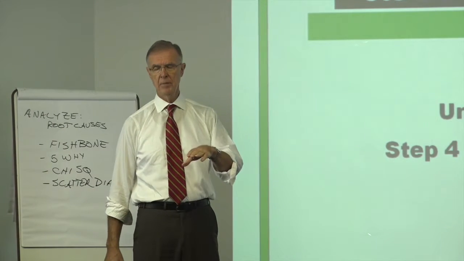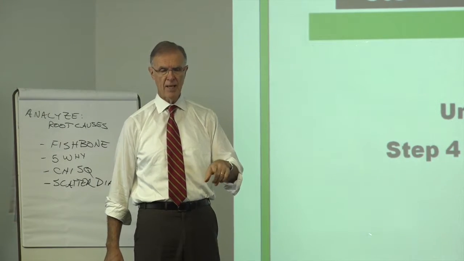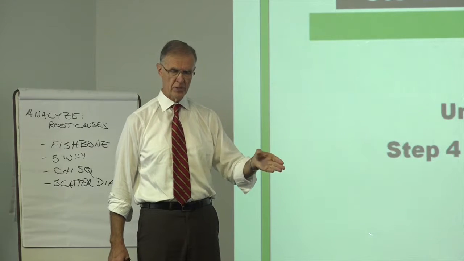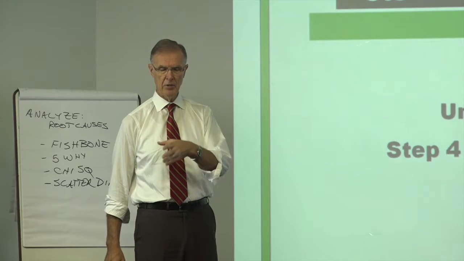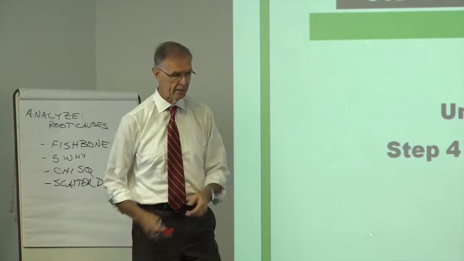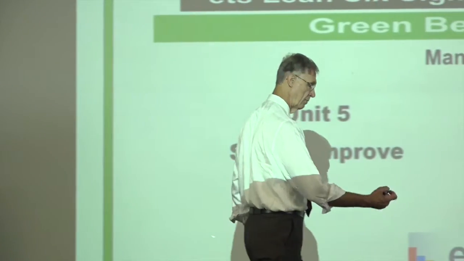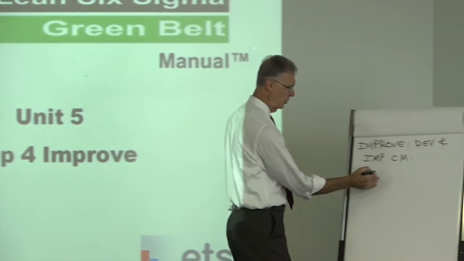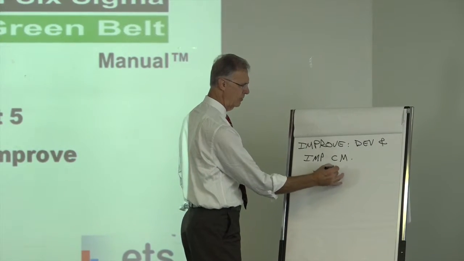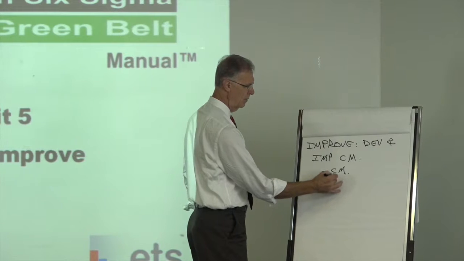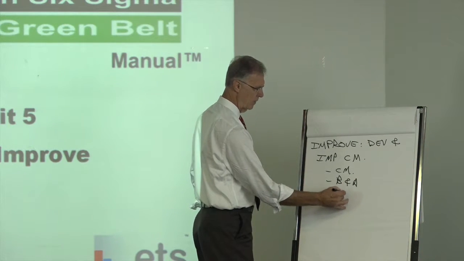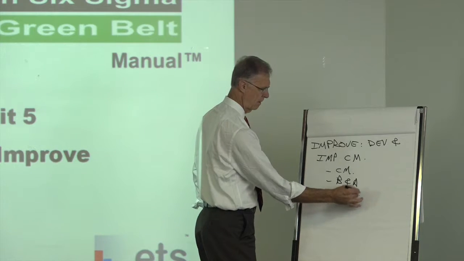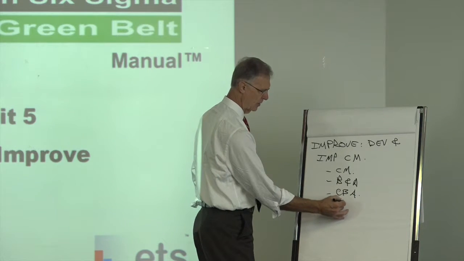And then finally, finalize our action plan so we can show when it's going to get implemented, who's accountable, and what we are going to do if we get off track. Okay, so we've got several important tools here, including the countermeasures matrix, the barriers and aids analysis, the cost-benefit analysis, and then finally our action plan.